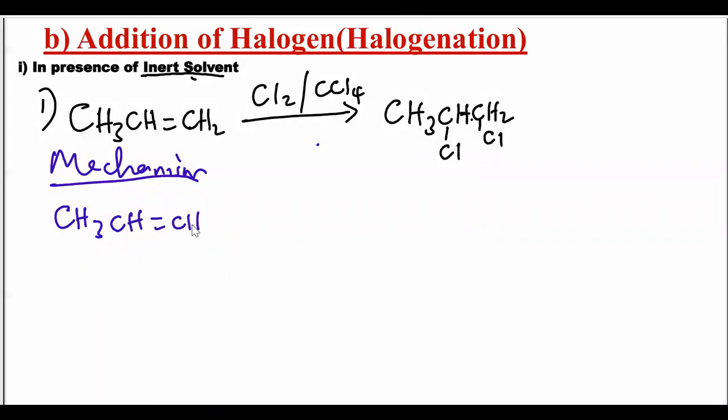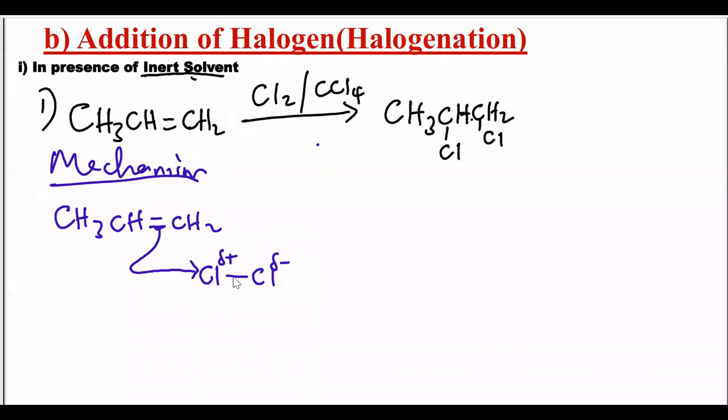Propene, and the chlorine is partial positive, and then you have partial negative. Okay, so what happens? Then, one bond, which is the pi bond, breaks and goes to the chlorine atom.